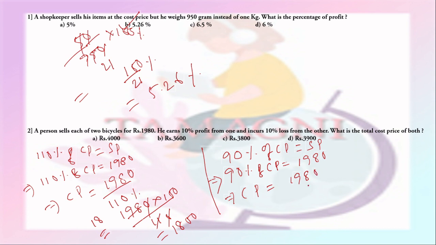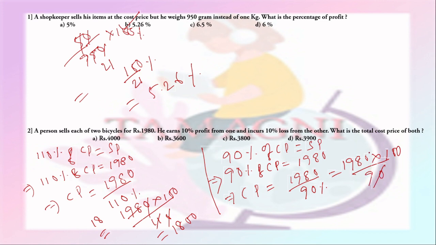In the second case, he incurs 10% loss. So 90% of CP will be equal to SP, which gives 90% of CP equal to 1980, which gives CP equal to 1980 by 90%, which is equal to 1980 into 100 by 90.